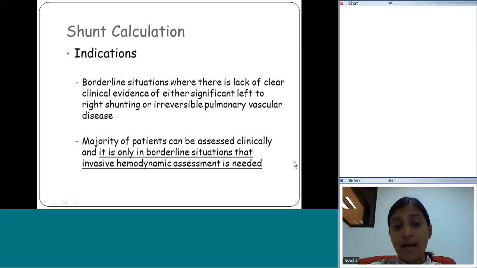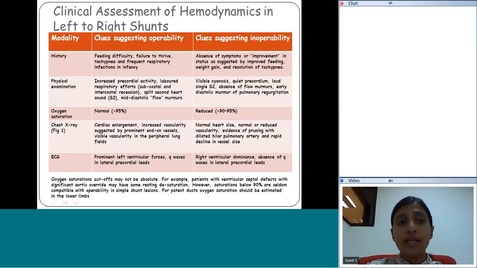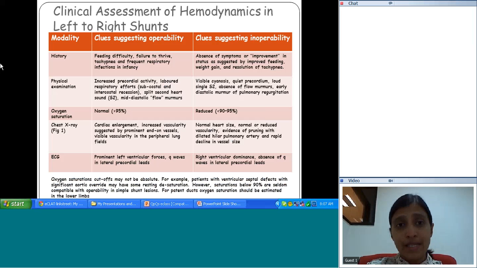Now if you look at this slide, it is a little busy, but here again it summarizes the features that suggest operability and the features that suggest inoperability. So if we look at the history of feeding difficulty, respiratory distress, failure to thrive, all of these are suggestive that there is high pulmonary blood flow.